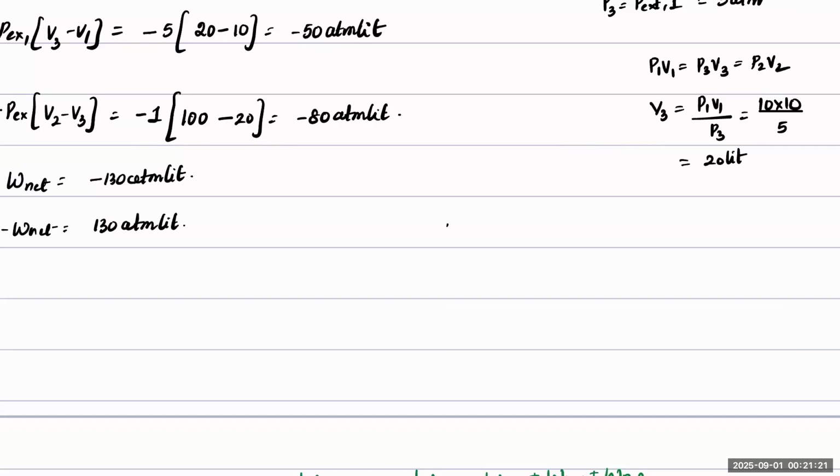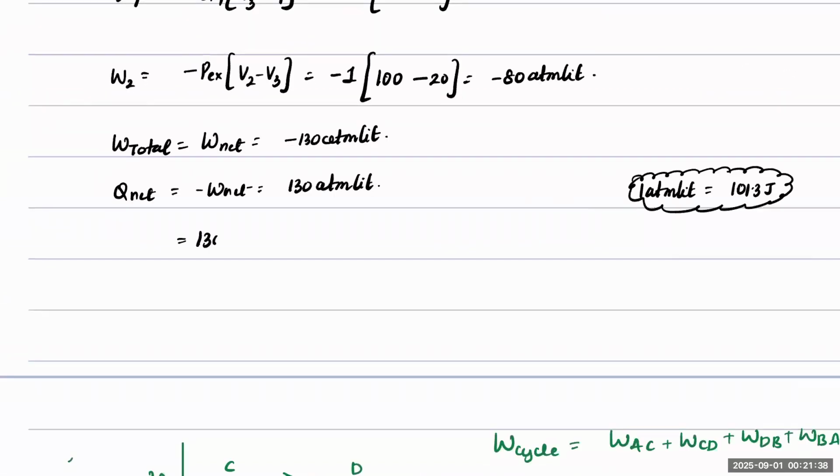Okay. Now you should realize one thing. 1 atm liter is approximately equal to 101.3 in joule units. So whenever you have to convert that, you just need to multiply with this number. So 130 into 101.3 will turn out to be in joules.